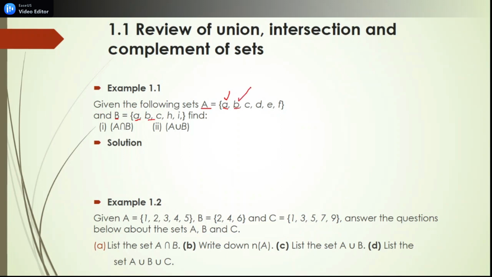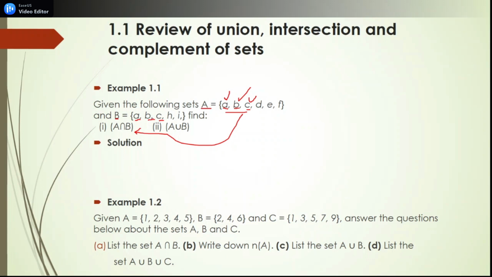B also belongs in both sets. C also belongs in both sets. H is not in A. I is not in A. So A, B, C are the elements which belong to the intersection between A and B.